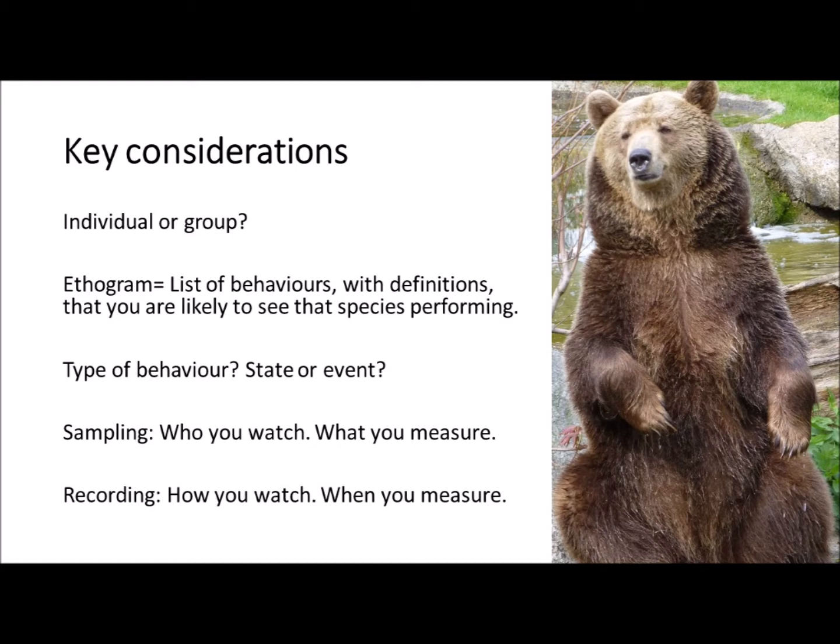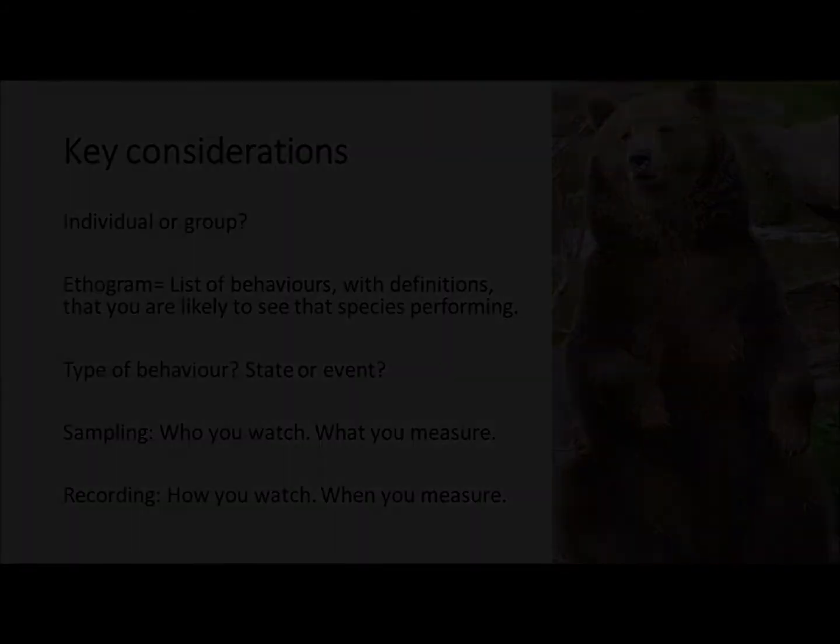Sampling is who you watch and what you measure, and recording is how you go about watching and when you take measurements. The type of sampling protocol and the type of recording protocol depend very much on the behaviours, the states or the events that you wish to measure. Those state and event behaviours are going to be very specific to the species of animal, human or non-human, that is the focus of your research project.